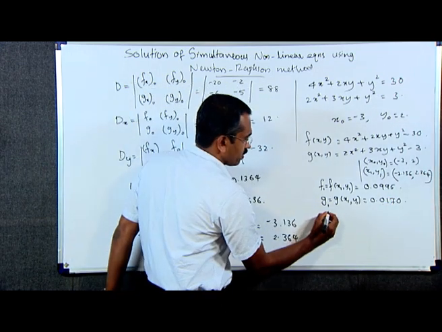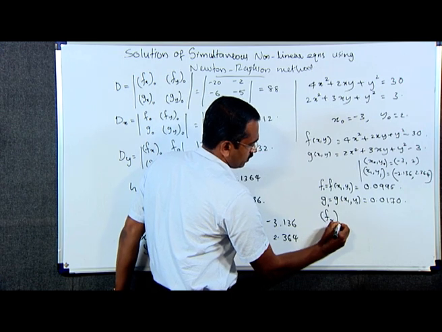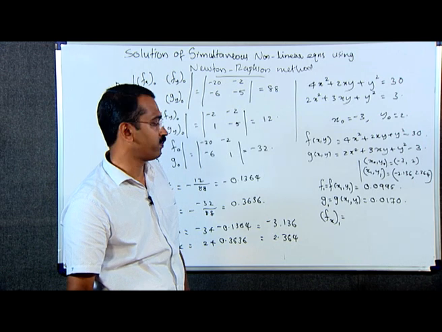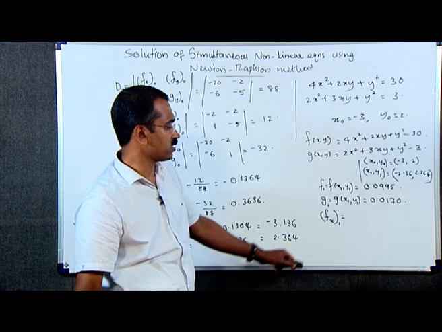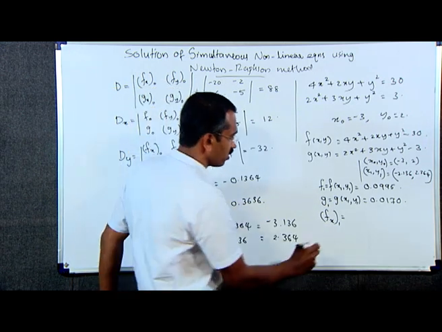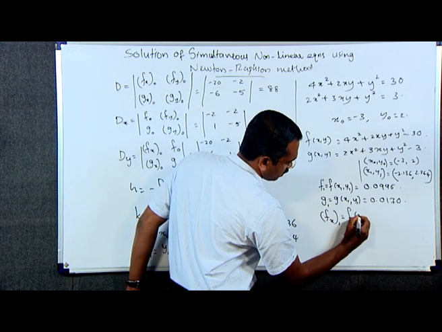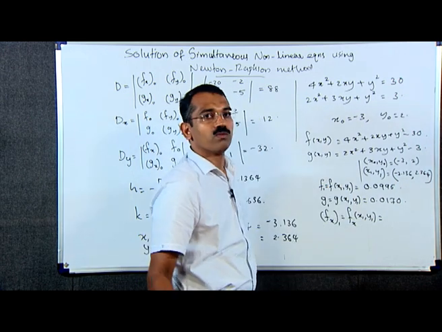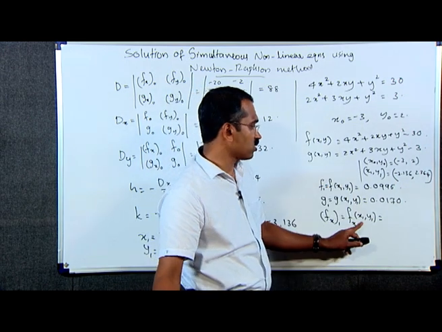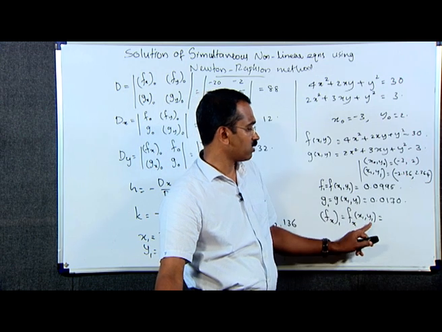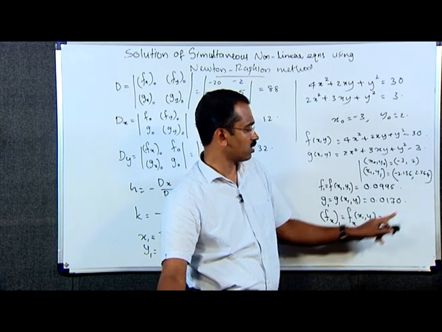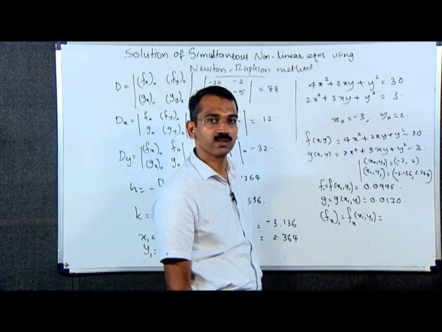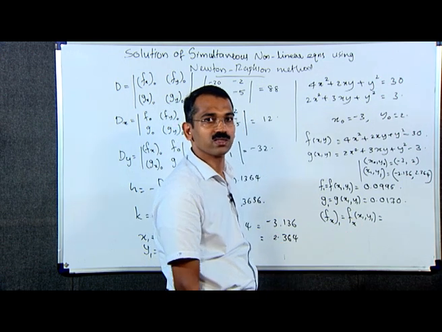Now, fx1. fx1 means the partial derivative of f with respect to x at x1, y1. When substituting x1 is equal to minus 3.136 and y1 is equal to 2.364 in the expression for fx, we will obtain fx1 as minus 20.360.